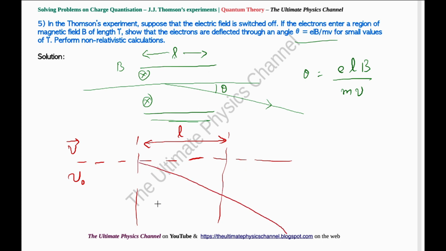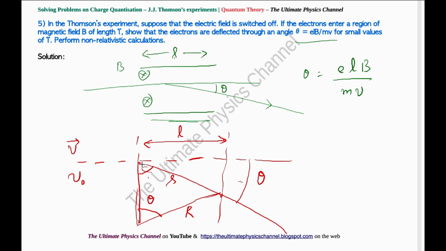And this curvature has a radius of curvature, and this angle is theta. Let's say this distance is s, and the radius of curvature is r. Then this must be theta.